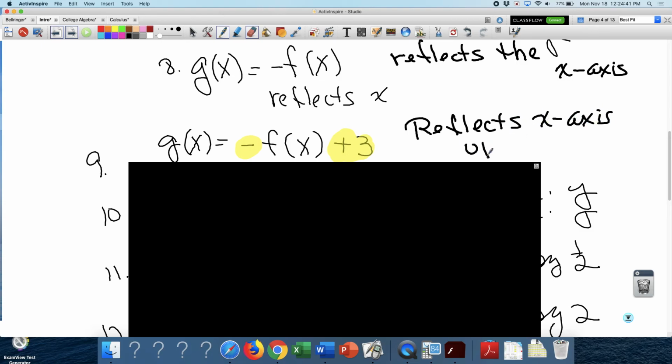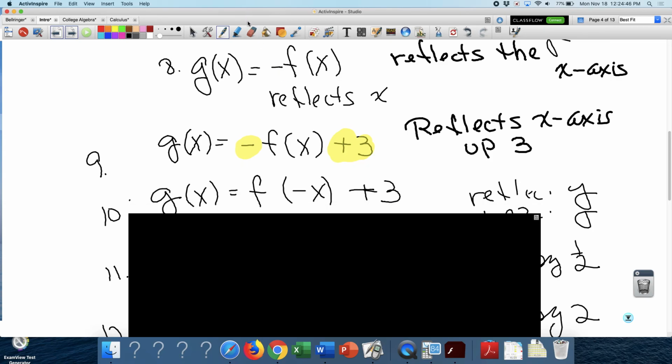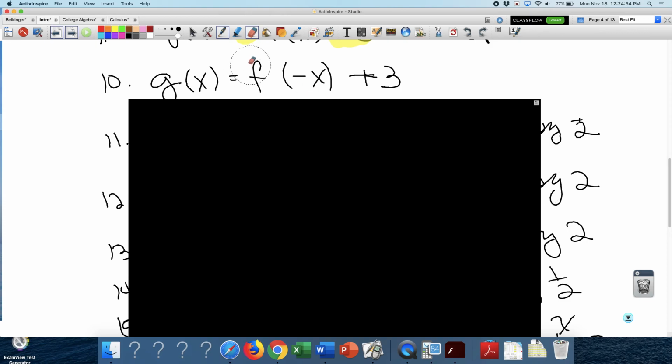And then you do up 3. Now, is the negative inside the brackets or outside? Inside. B. So it reflects the Y. It is your B. It reflects the y-axis. And what does the plus 3 tell you? Up 3.